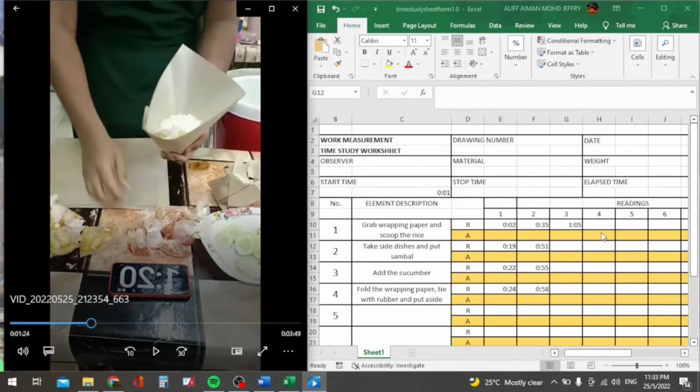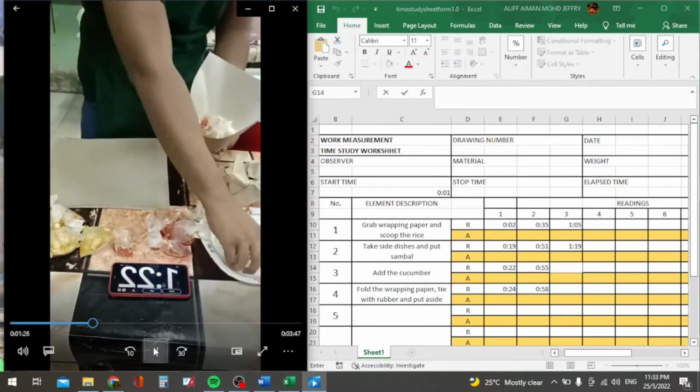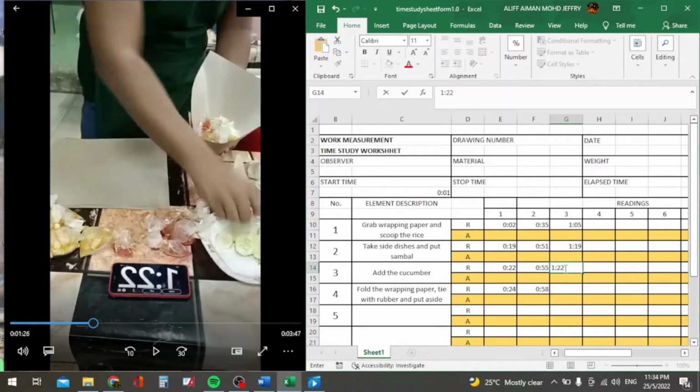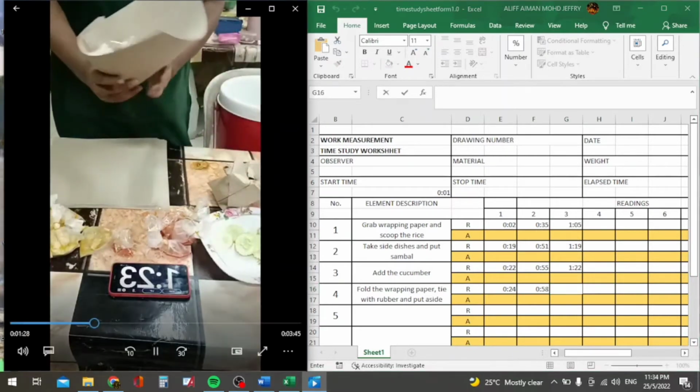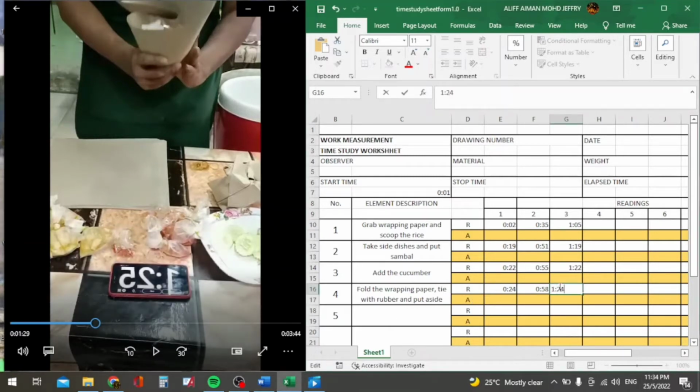Okay, for the second element, 1.19. For the third element, 1.22. Okay, for the last element, 1.24.